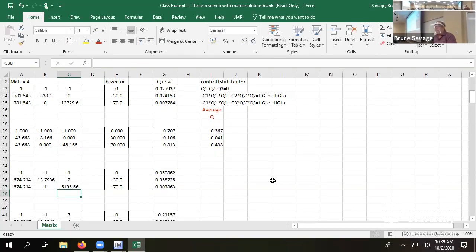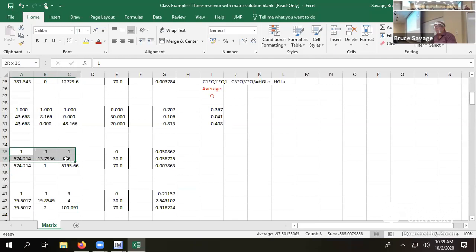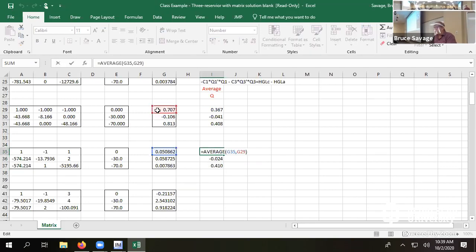Okay? And now when I do that, if I copy down my new updated A matrix, the coefficient matrix that is referencing the Q values, I guess I should copy those down as well. So in fact, let's just grab this whole thing, got to be careful what I do here. Grab this one down here and bring it down there. Now this one becomes the average between those two.